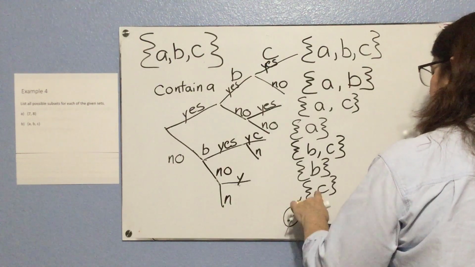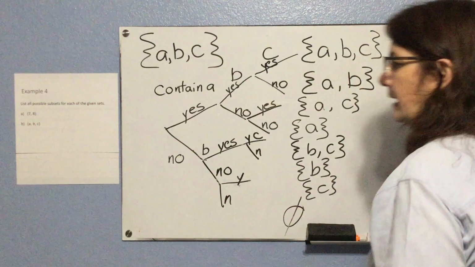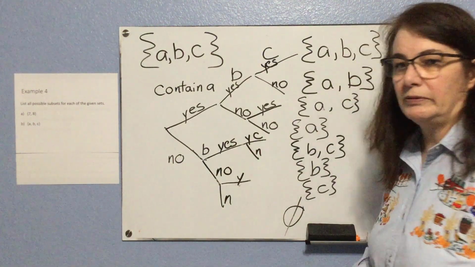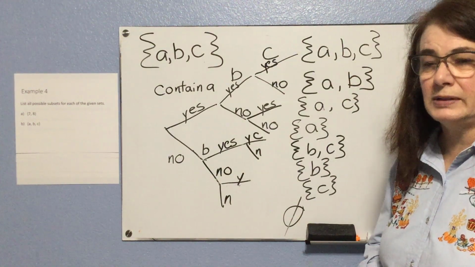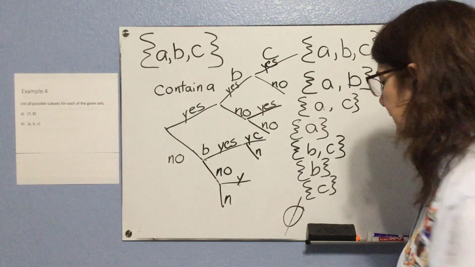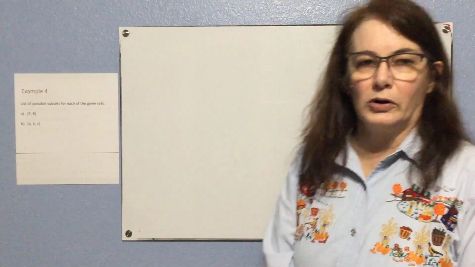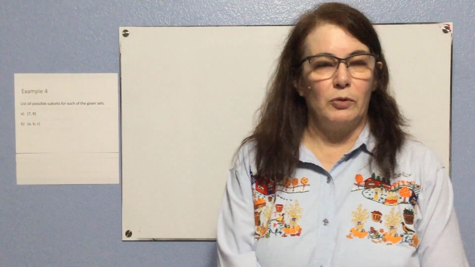So I have 1, 2, 3, 4, 5, 6, 7, 8 sets. So from 2 elements that have 4 subsets to 3 elements, we have 8 subsets. Pause your video now and work on checkpoint 4.